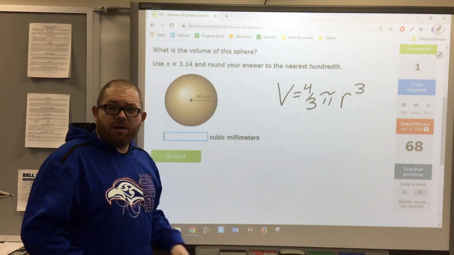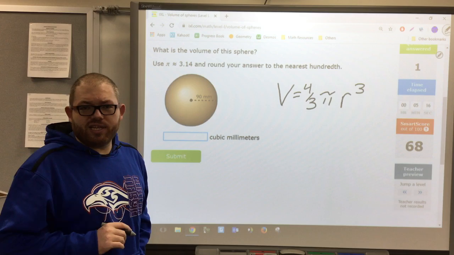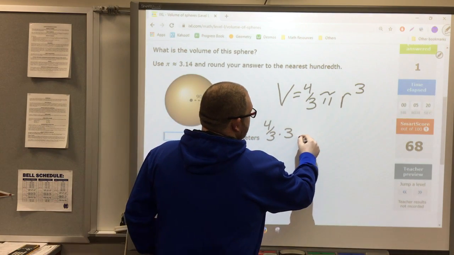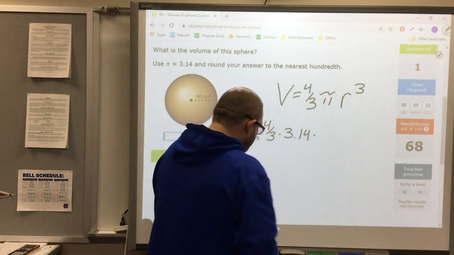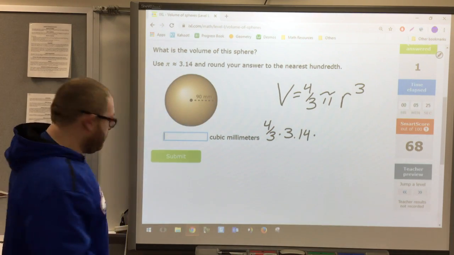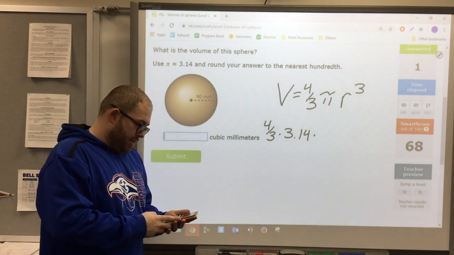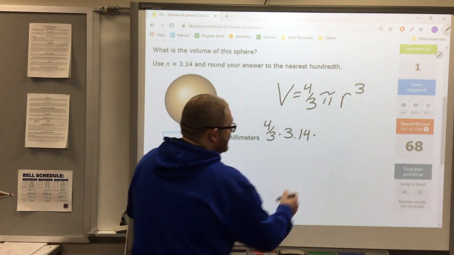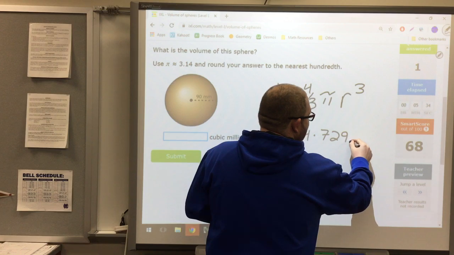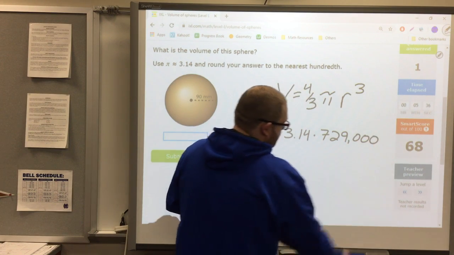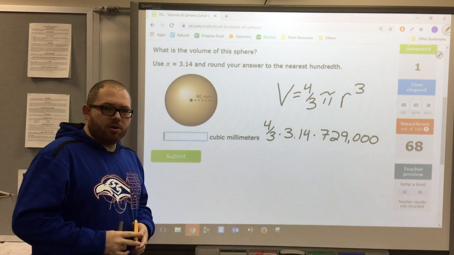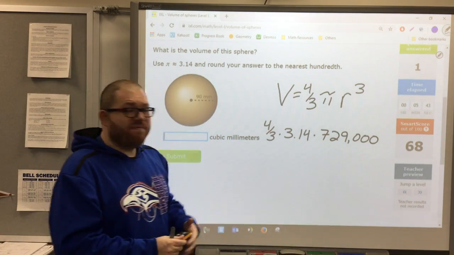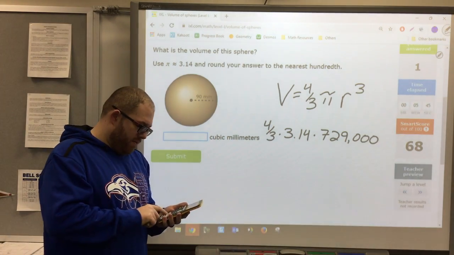I'm going to work this one out just so you guys can see how large these answers get. 4/3 times 3.14 times 90 to the 3rd power. 90 to the 3rd power is 729,000. So that's a very large number. And I still have to multiply that number by 4/3 and 3.14.